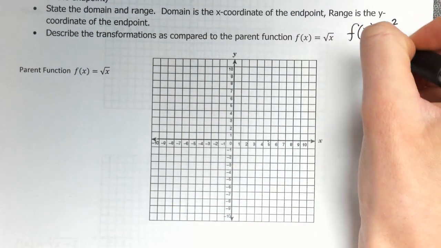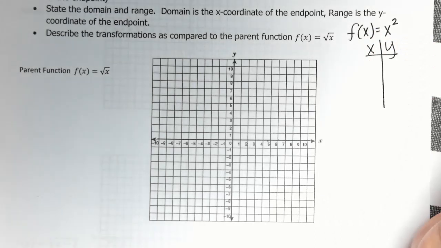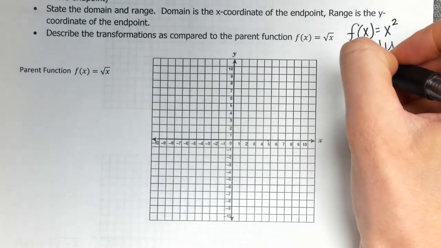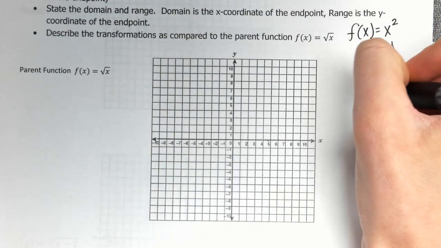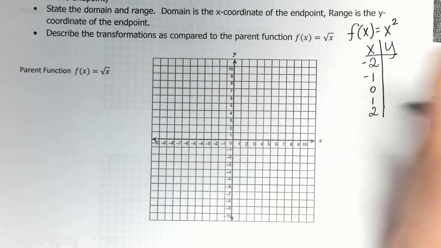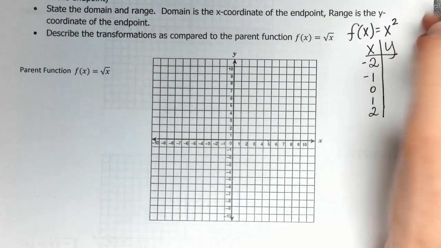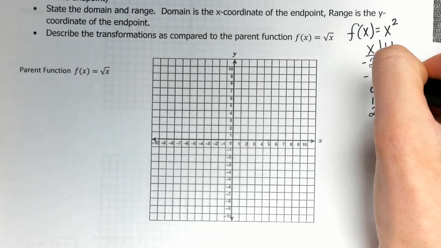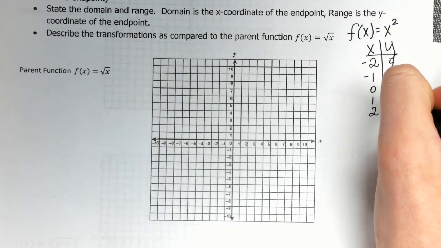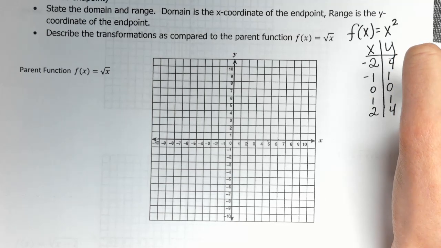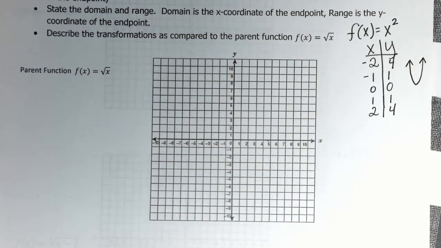Every time we did that table, our values for the x's were -2, -1, 0, 1, 2. Y'all remember that? Okay, and then -2 squared would be 4, -1 squared would be 1, 0, 1, 4, and it would give me a parabola like that.